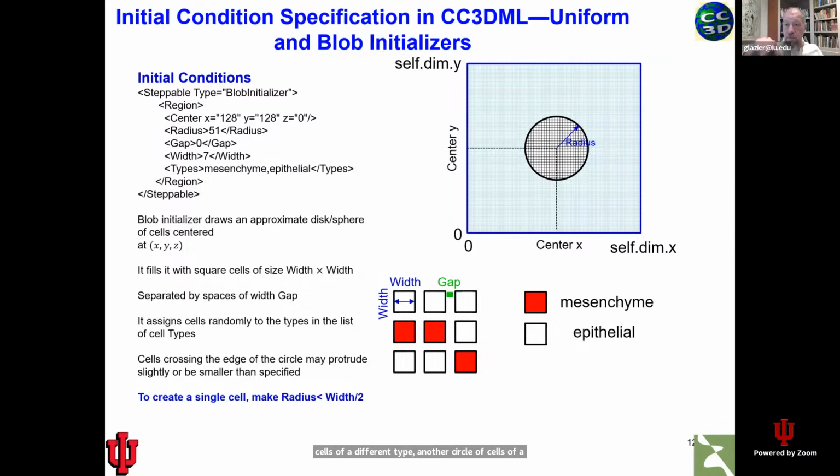If I draw the outer circle first and then overwrite it with an inner circle, I can create concentric domains. And so if I want to make something like a tube, I can do that by using Blob initializer repeatedly. I create a blob of cells of a particular type, then I overwrite it with a blob of medium, and that'll allow me then to do tube structures.